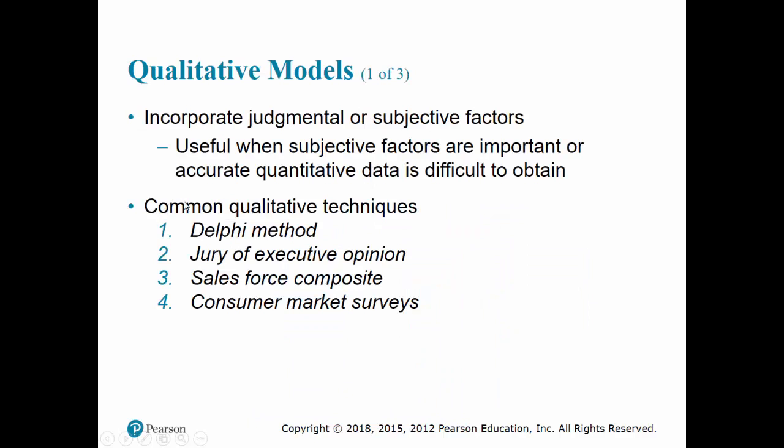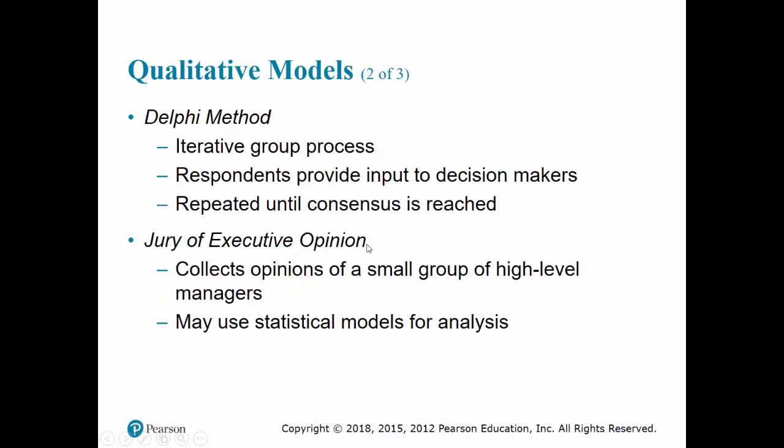Okay, the first one is the Delphi method. Okay, so the Delphi method is an iterative process, often an anonymous process. So you get a group of people who will have something meaningful to contribute to developing a decision. So the Delphi method can be used for anything, not just for forecasting.